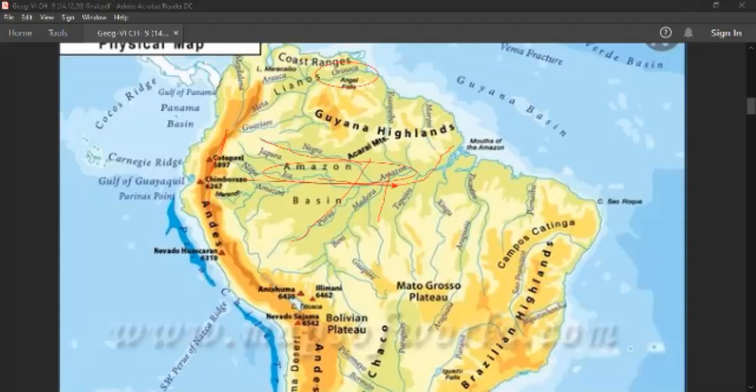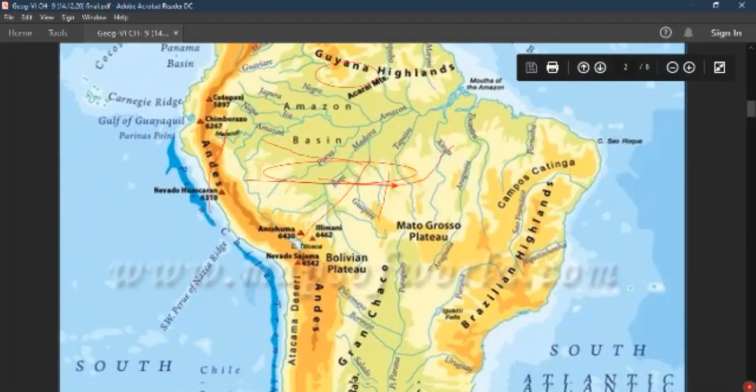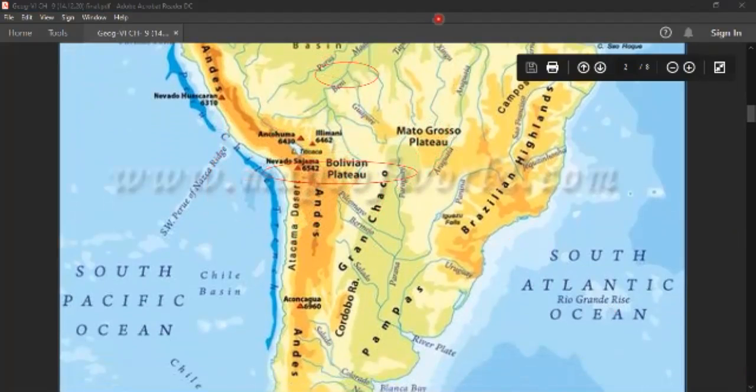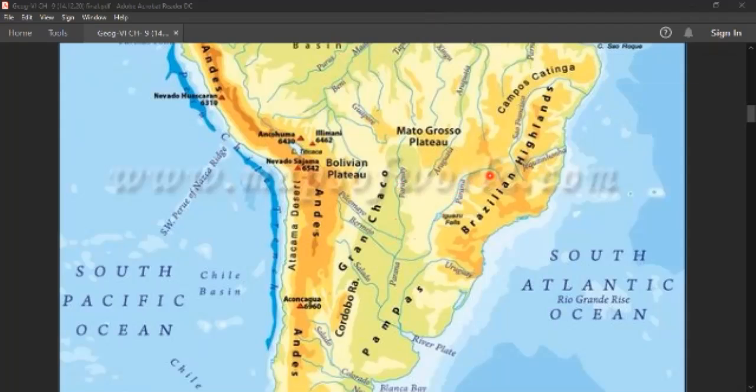Now, the third river system is the La Plata river system. The La Plata river system is formed by the rivers Paraguay, Parana, and Uruguay.